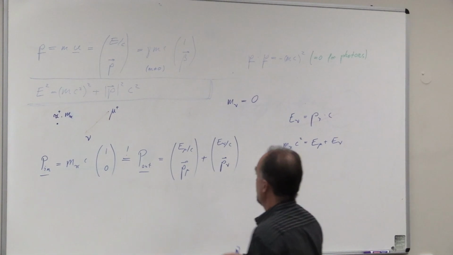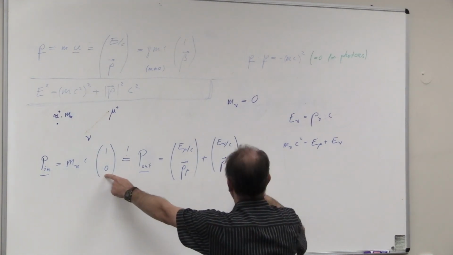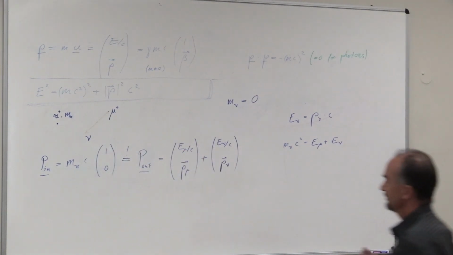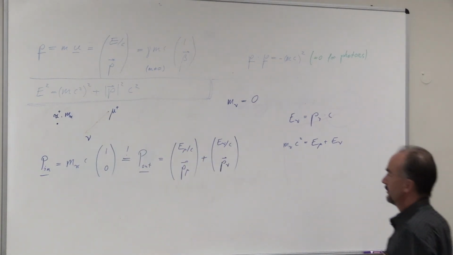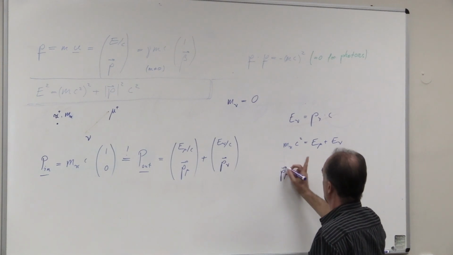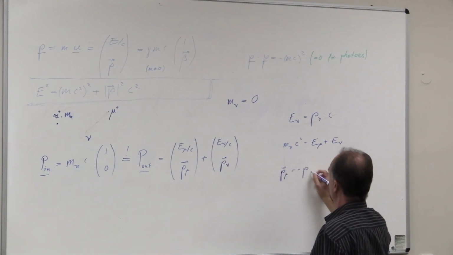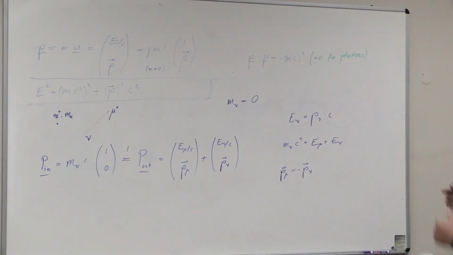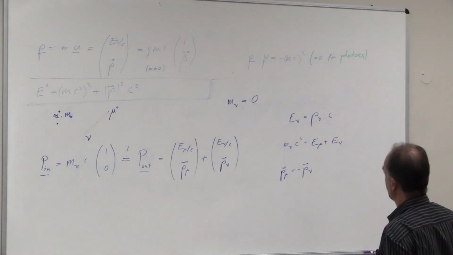And then, since there's 0 momentum, we know that these must go exactly in opposite directions. So we can say that P of the muon equals minus P of the neutrino, and they're going in exactly opposite directions.